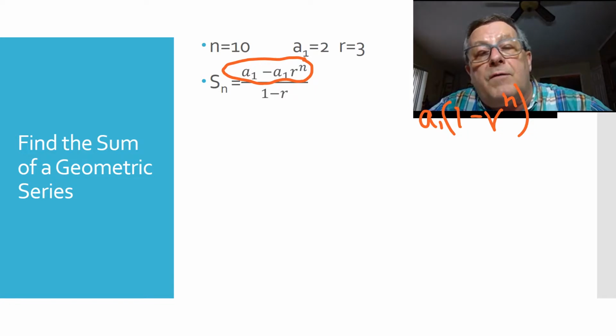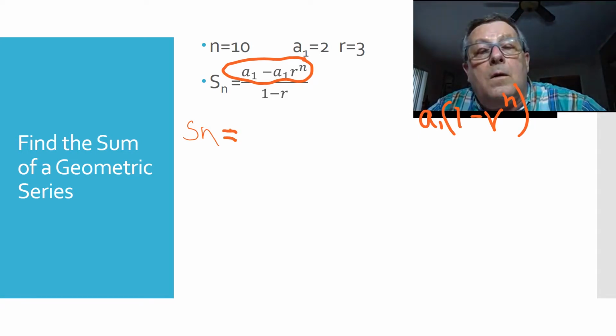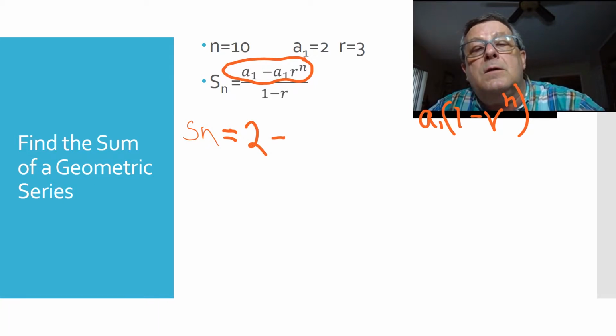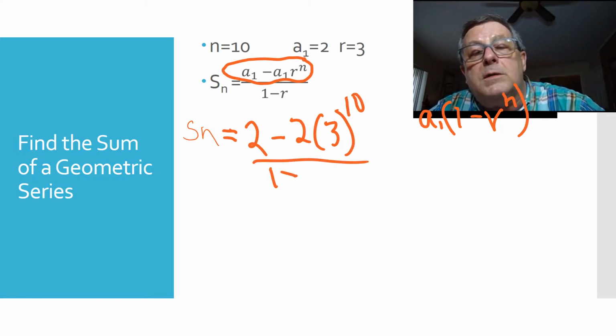So here we go. Sn is equal to A1, which is 2, less 2 times 3 raised to the 10th power, over 1 minus 3.